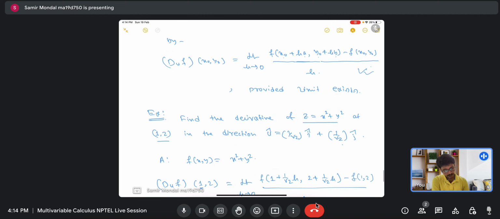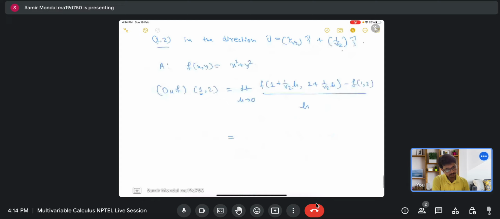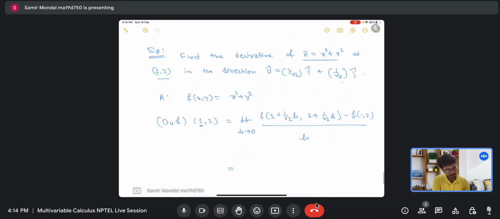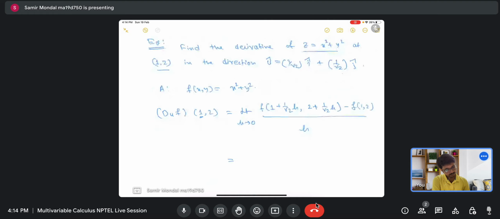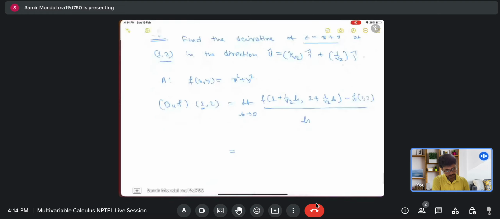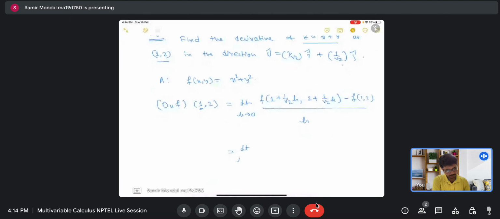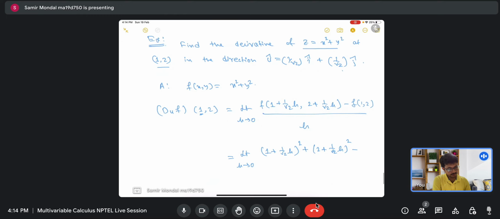So now what we will get: ultimately limit h tends to 0 of (1 plus h by root 2) square plus (2 plus h by root 2) square minus f of (1, 2), which means 5, divided by h.